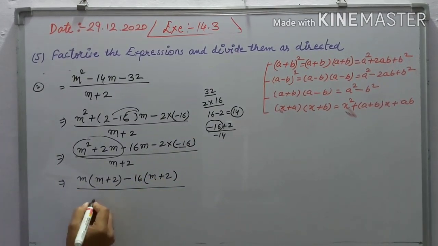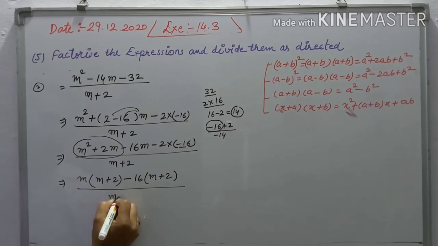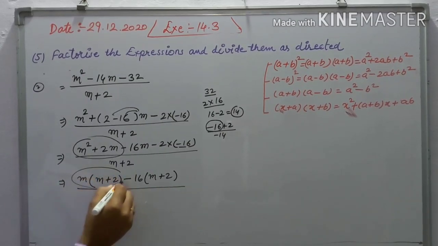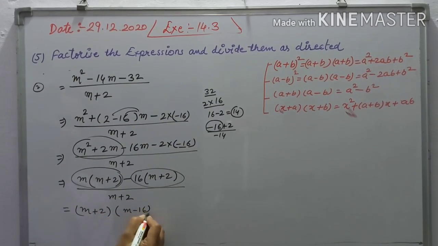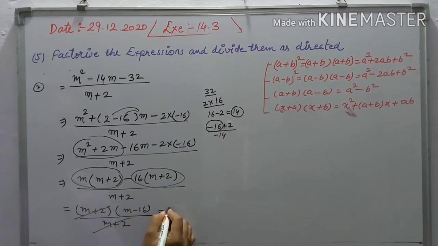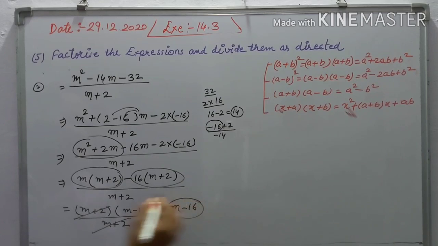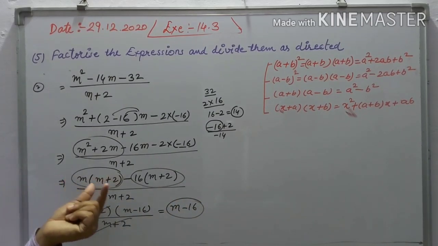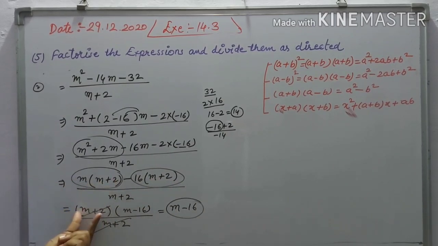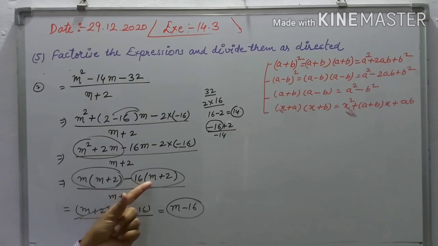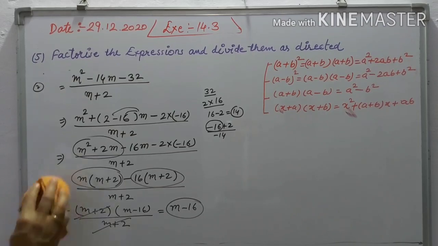Okay, now m plus 2 is the remaining, again two terms, first term and this is the second term, so m plus 2 and m minus 16 upon m plus 2. m plus 2 is common, cancel, m minus 16 is the answer. Okay, in the two terms m plus 2 is common, in the first term m is common, the remaining is m plus 2, and the remaining is minus 16. This is the second question.